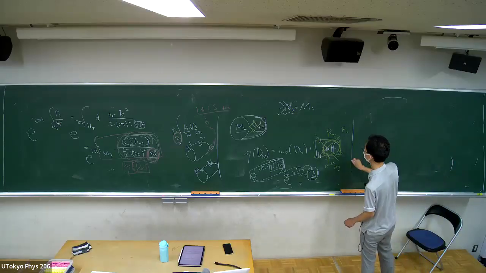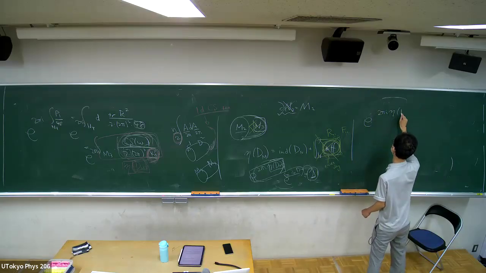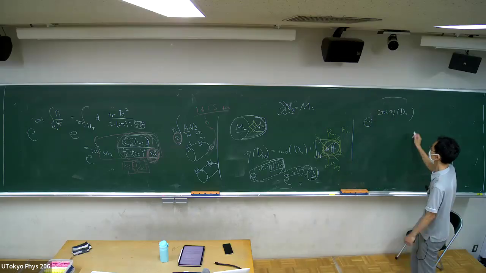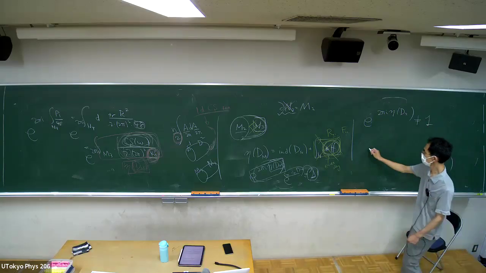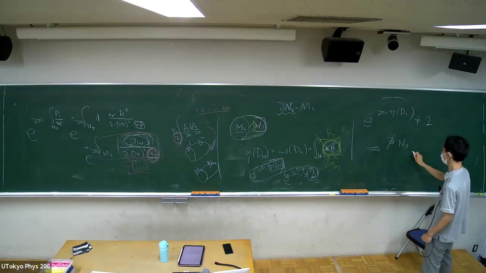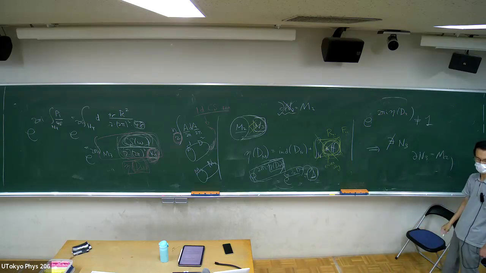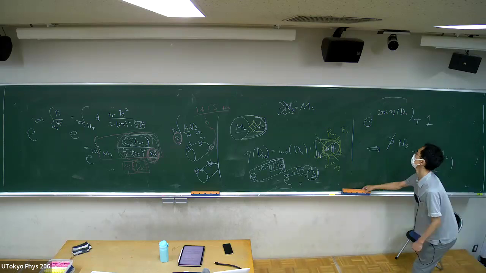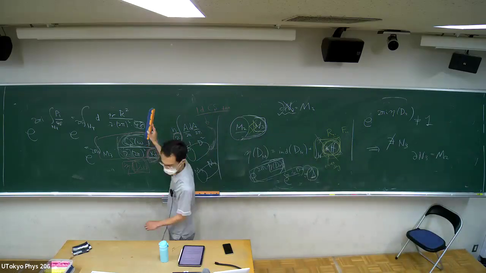In other words, if you compute exp(2 pi i eta) on M2, and if you find this to be not 1, then this means there's no N3 such that M2 is a boundary. So this is another use of this eta invariant.